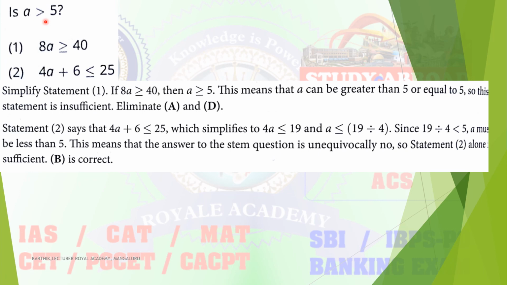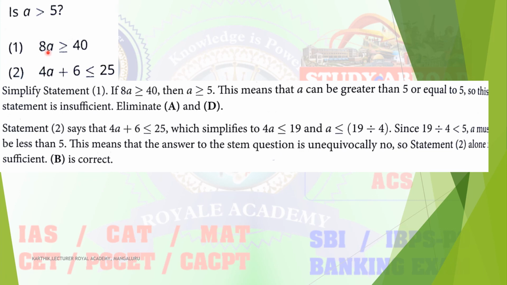From the first statement, 8a is greater than or equal to 40, so a is greater than or equal to 5, since 40 divided by 8 is 5. This means a can be greater than 5 or equal to 5. But in the question, a is greater than 5 only. 5 is not possible, while 6 is possible.